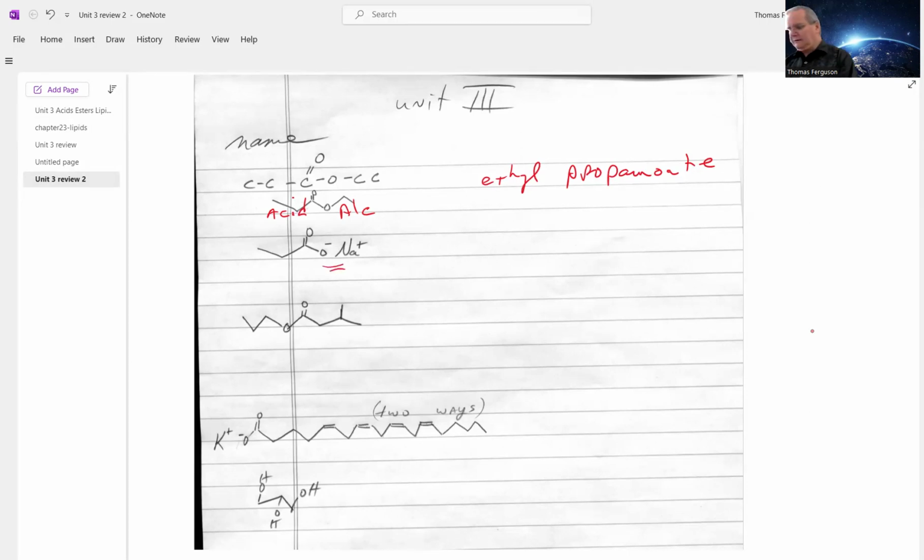This is the sodium salt of an acid, and it's also a 3-carbon acid. So it's going to be sodium propanoate.